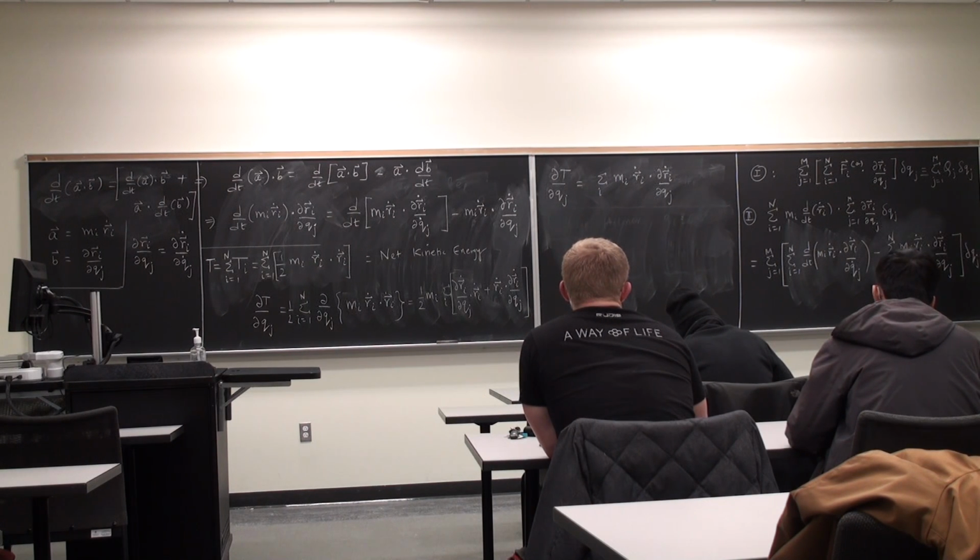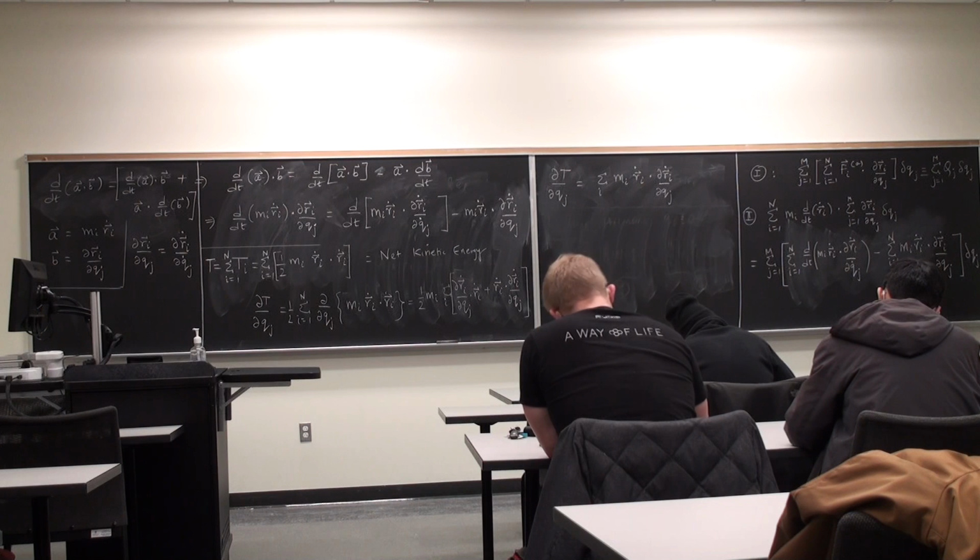You see where that goes. The last part of that equation is that particular chunk that I have written there. So this guy is essentially dT by dq_j.